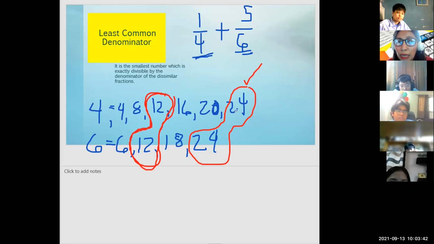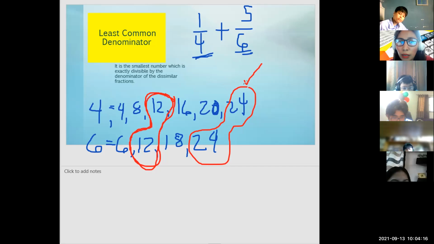Yung 24 kasi, i-reduce pa natin yan. I-simplify pa natin. Meaning, mas maraming process if kinuha natin yung 24. Paliliitin pa yung number. Whereas, kung maliit na yung number, 12 na kaagad, the smallest possible, no need to reduce or simplify numbers.